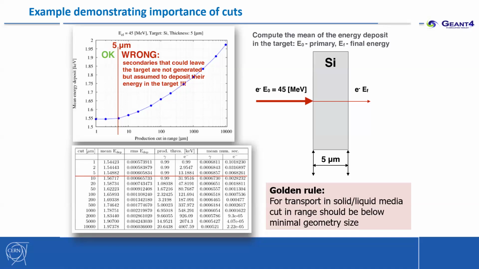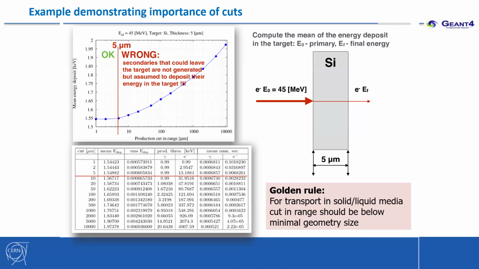On the left plot, there is dependence of mean energy deposition in silicon as function of cutting range. It turned out that if you increase cutting range, you start to get wrong and wrong results after some value, which is around 5 micron.